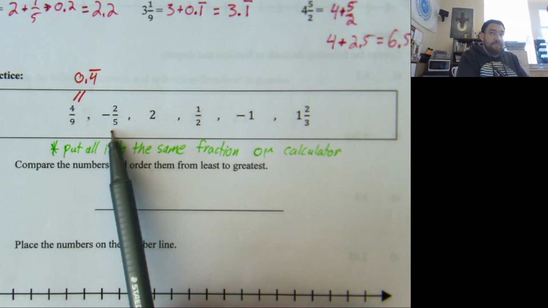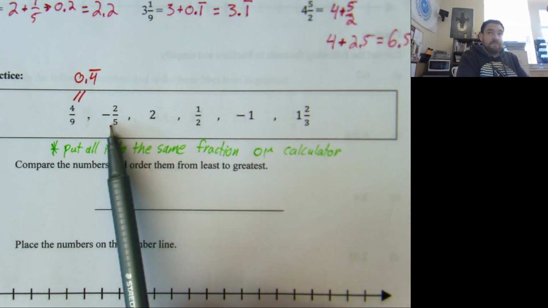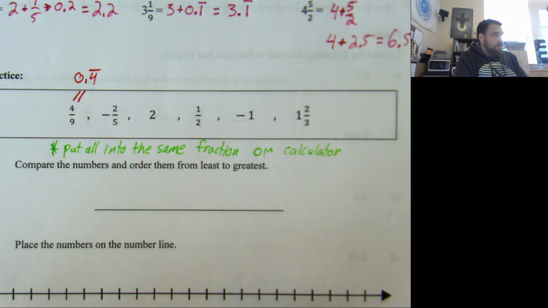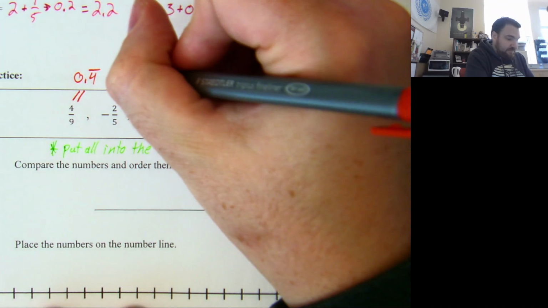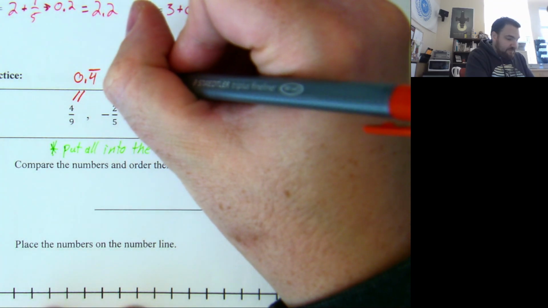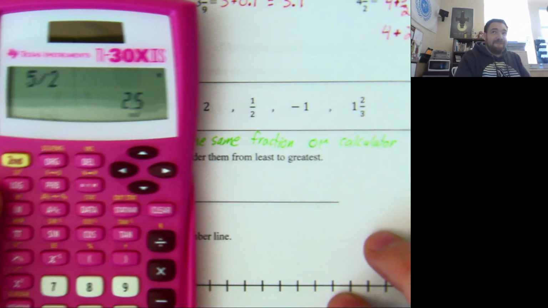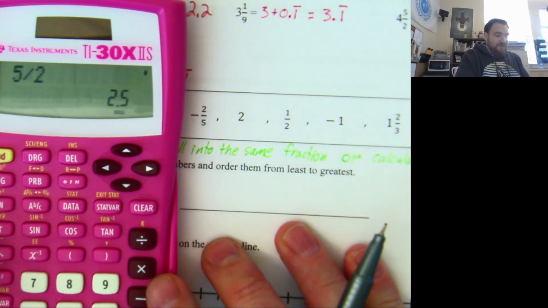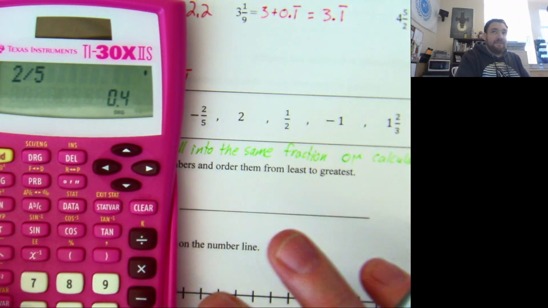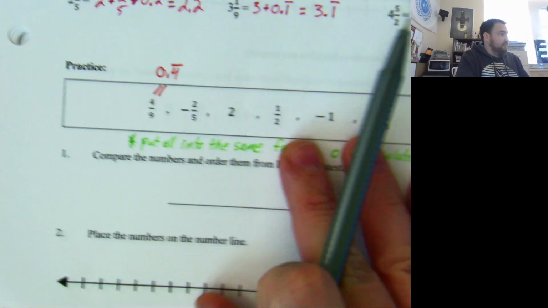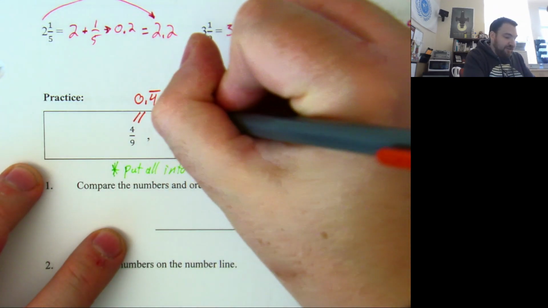Negative 2 over 5. Okay, let's try. That's all we want to make sure we hit. 2 divided by 5. And it should be negative. Good.